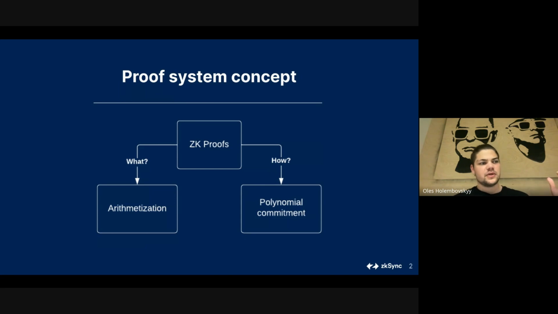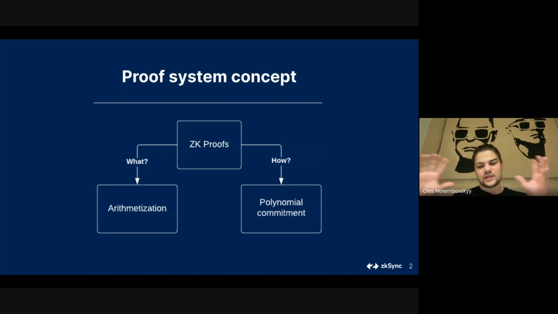For example, we were using KZG before Boojum. Now we are using FRI. There are also some other commitments like IPA, on which Bulletproofs are based, and there is still different research, papers discussing new techniques.